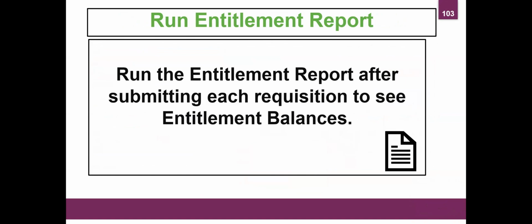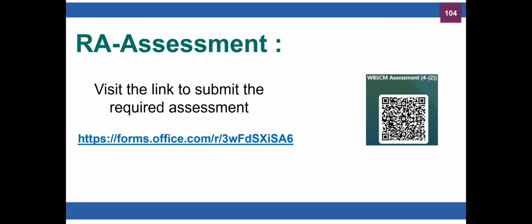There's a summary report and an entitlement detail report. So after you put in your requisitions, remember I said that it's automatically pulling down your entitlement. So if you run that report, and if we need to walk through that today, we can, but if you run that report, then it allows you to see exactly how much entitlement is remaining as you walk through and enter those different requisitions.